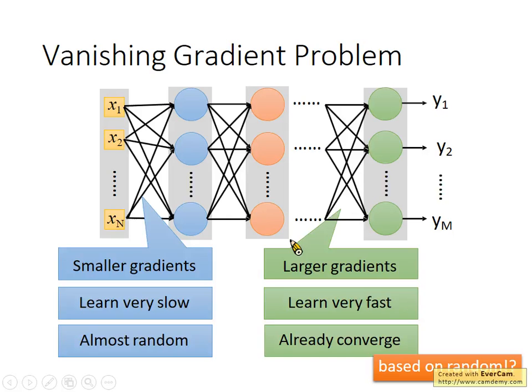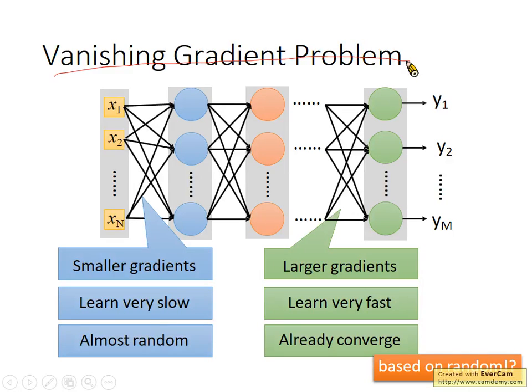There is one important problem that had been discovered in the end of the 1990s, the end of the year 2000. That is the so-called vanishing gradient problem.